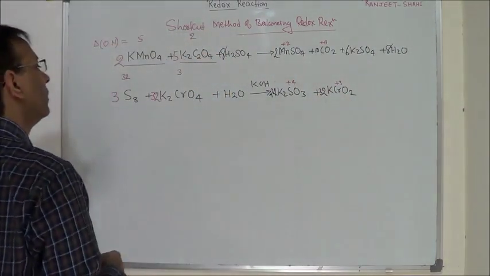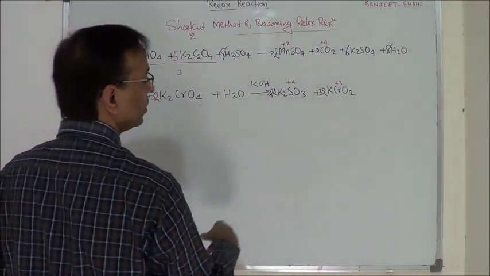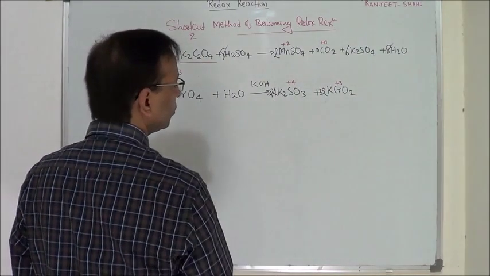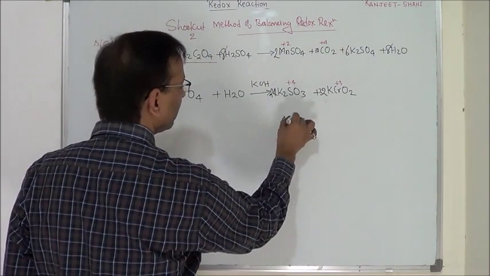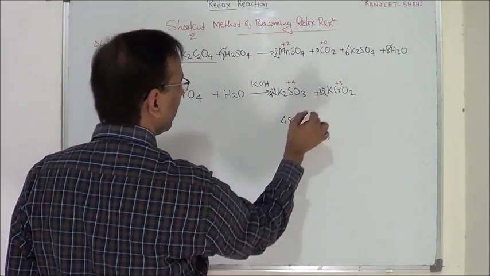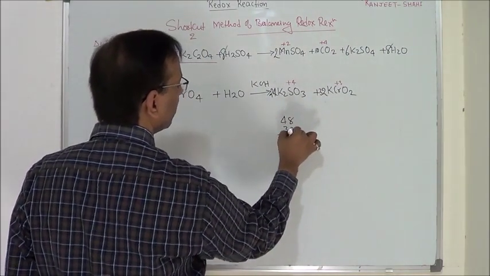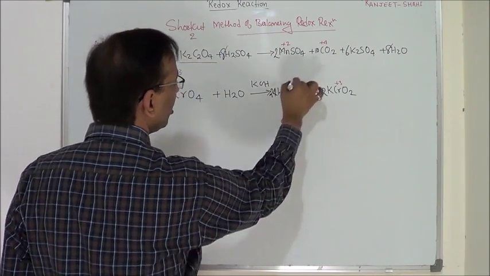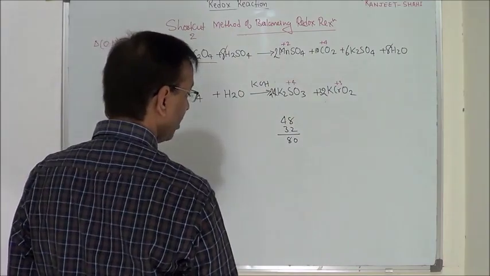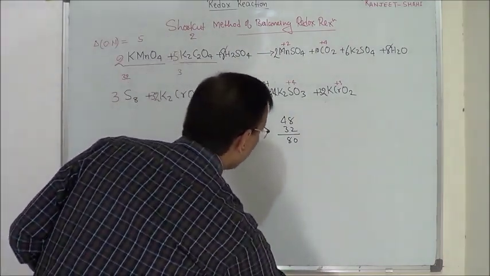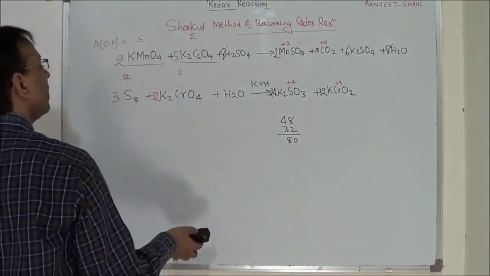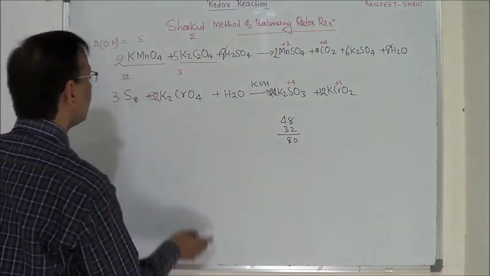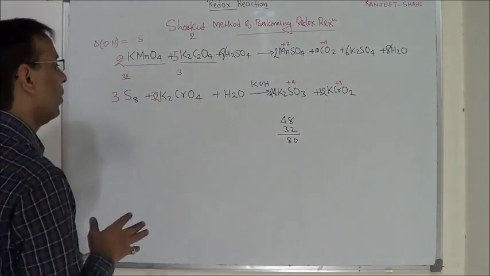Now on the right side we have 24 into 2, 48 potassium, and 32 potassium, so 80 potassium on the right side. On the left side we have only 64, 32 into 2, 64.